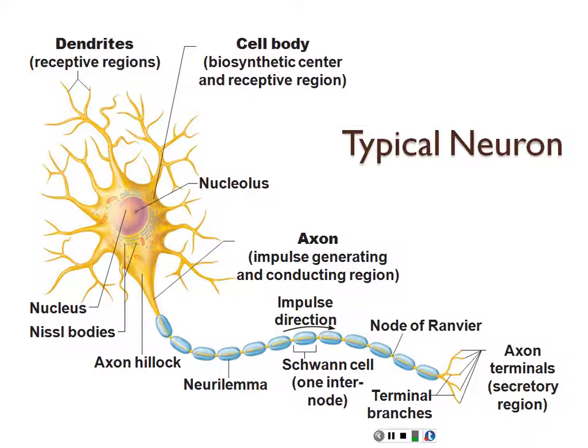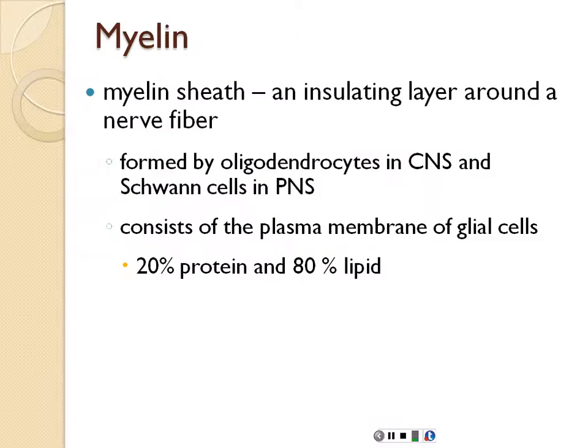And there's our neuron again, and the Schwann cells are myelin. The myelin sheath is an insulating layer around a nerve fiber. One other key thing here: any idea what a nerve fiber is?